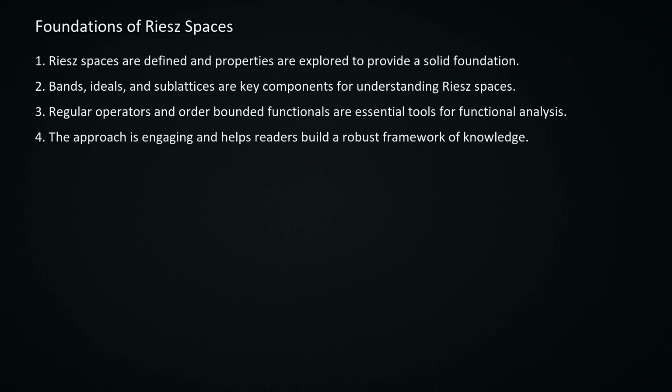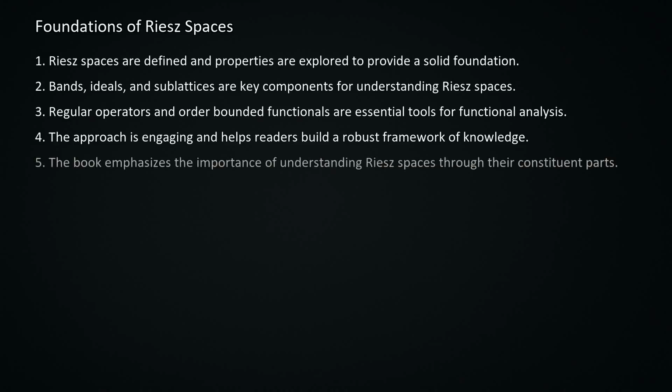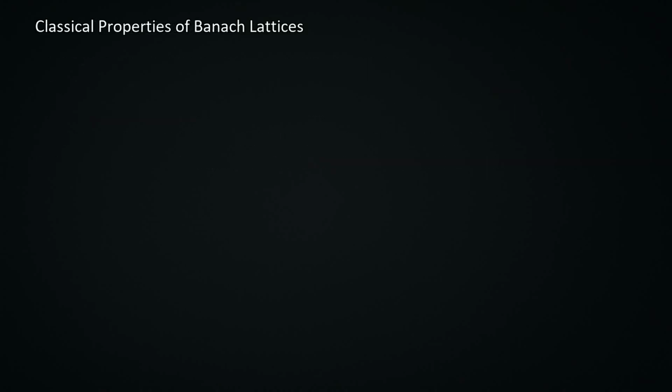Nieberg's approach is particularly engaging because it not only presents these foundational ideas, but also highlights their practical applications through numerous examples and exercises. By starting with clear definitions and progressing logically to more complex theories, he helps readers build a robust framework of knowledge about Banach lattices from the ground up.